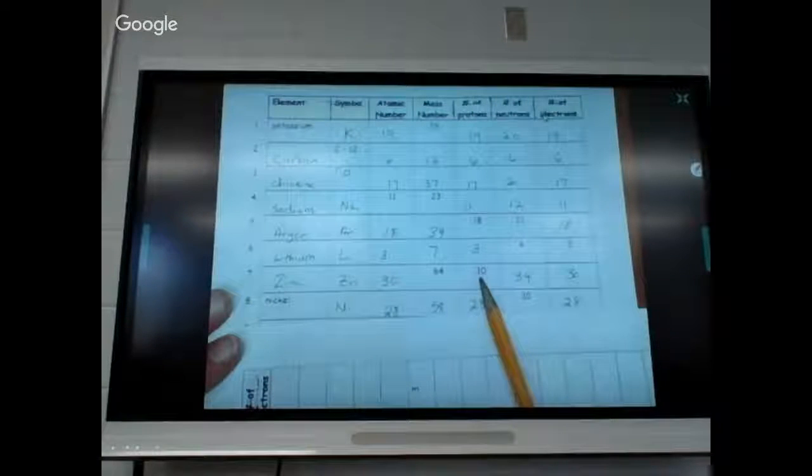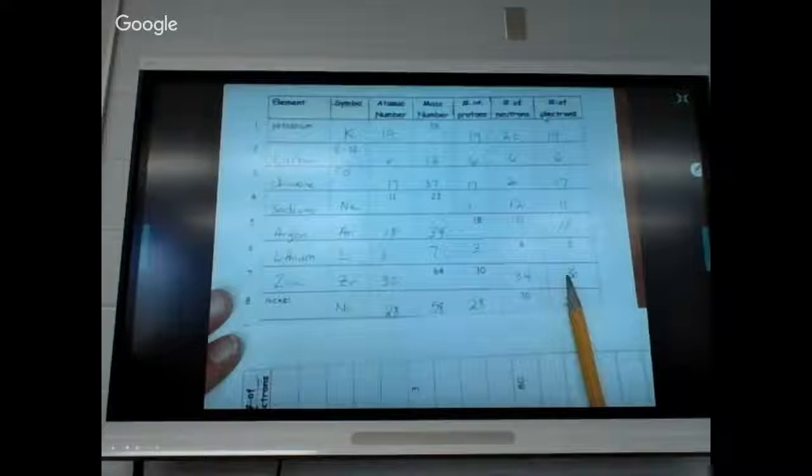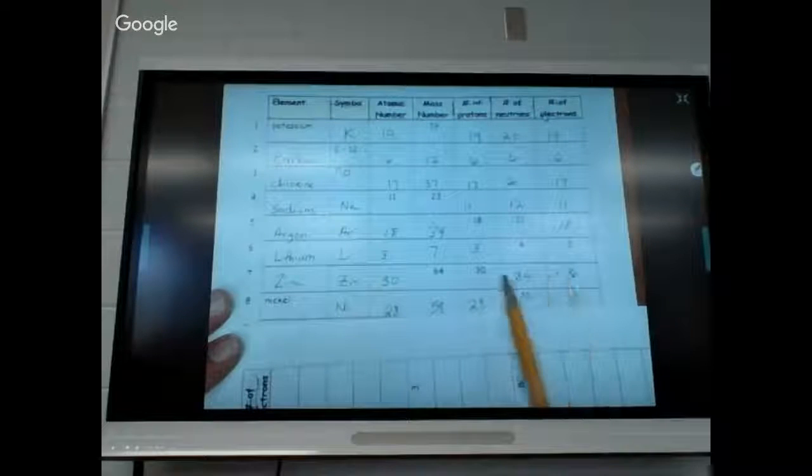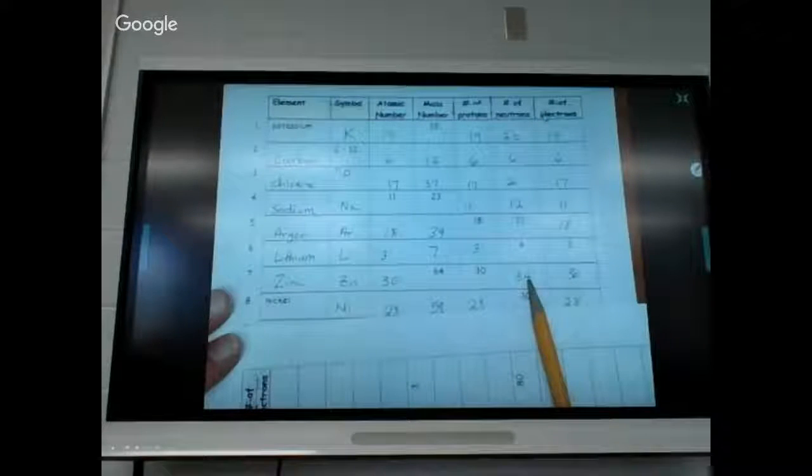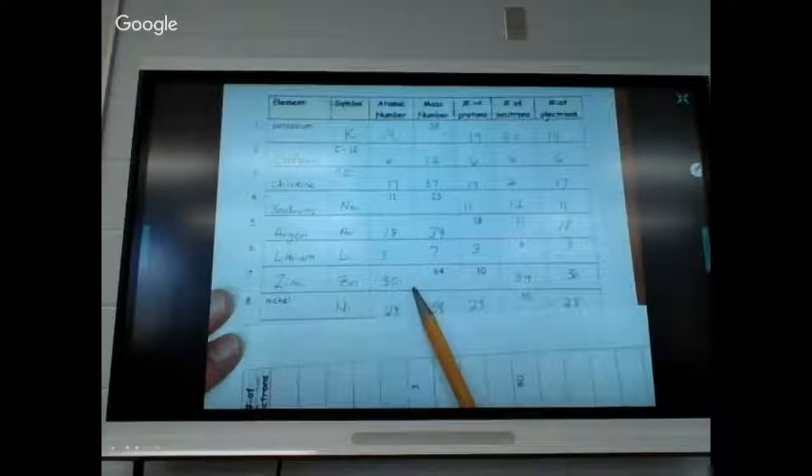So its protons are 30, so how many electrons do I have? 30. So I know those two have to be equal, right? So to find neutrons, what do I do? 64 minus 30 is 34. So when I need its atomic number, what do I know about protons and the atomic number? They're the same.